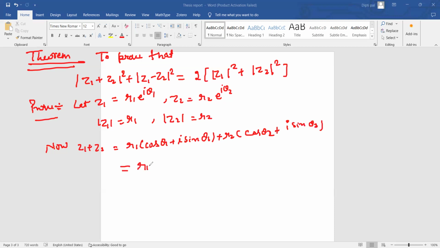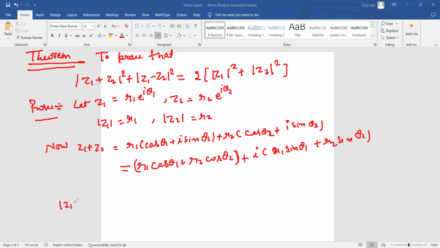It can be written as R1 cos theta 1 plus R2 cos theta 2 plus iota (R1 sin theta 1 plus R2 sin theta 2).